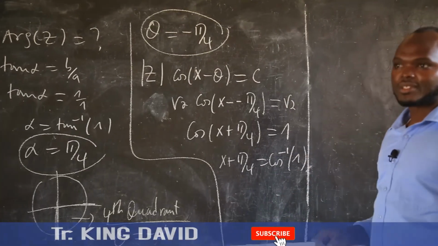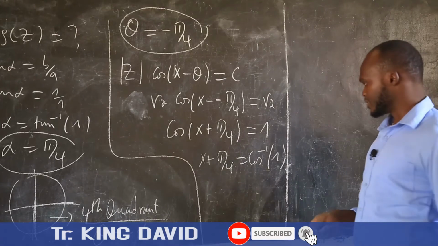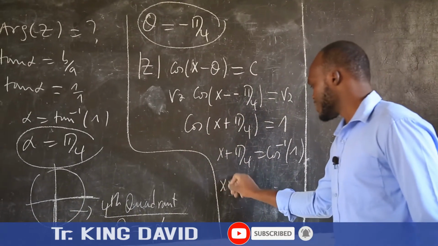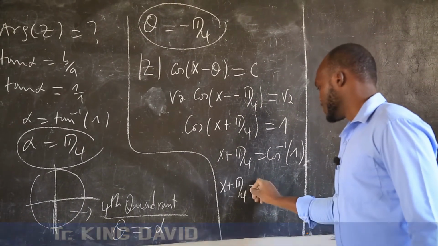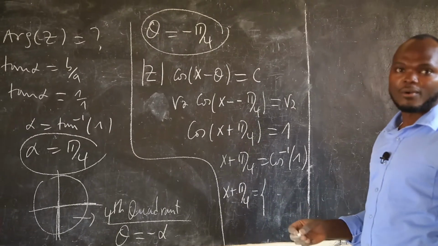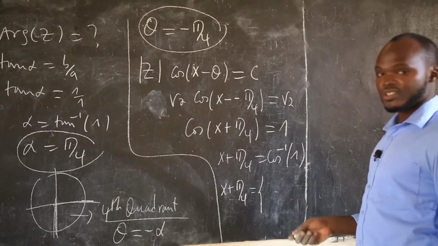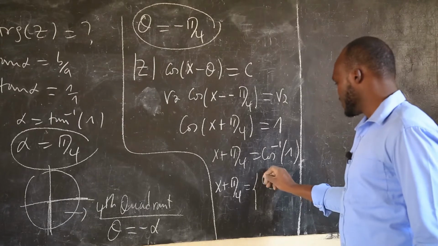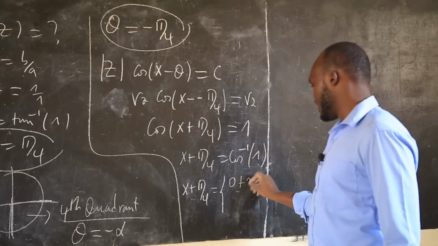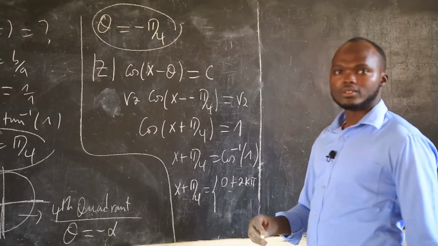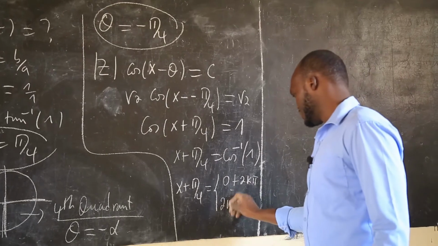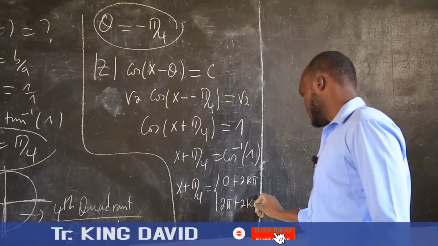Remember, cos is positive in the first quadrant. So x plus pi over 4 will be equal to cos inverse of 1, which is 0 degrees, 0 plus 2k pi, or 2 pi plus 2k pi.